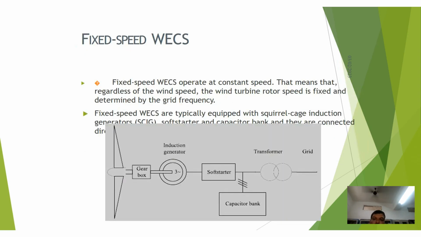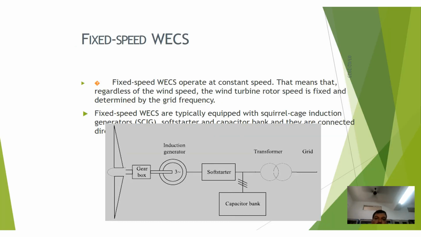So, fixed speed wind energy conversion system. Fixed speed means it has to operate at constant speed. Why? Because we know that wind speed is not constant, so when the wind speed is not constant, by default the rotor speed is also not constant.